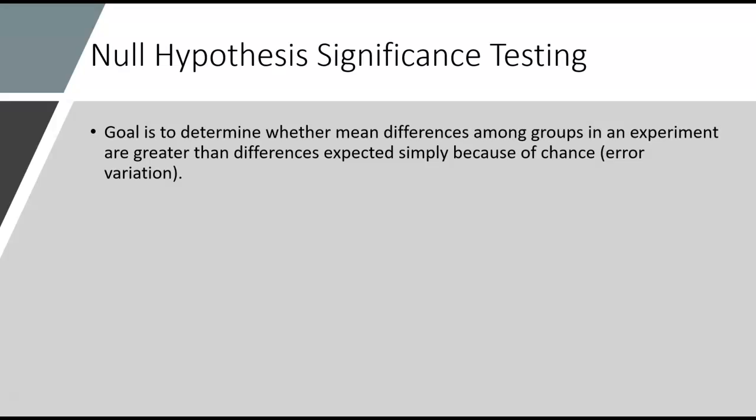I will say that the NHST approach has become more controversial in recent years, and that's what has been driving the call for researchers to report things like effect sizes and power analyses and confidence intervals, in addition to NHST information such as p-values, because there are limitations to the NHST approach.